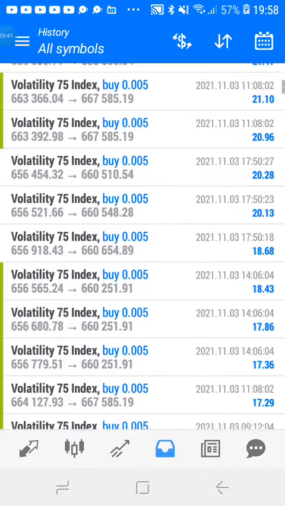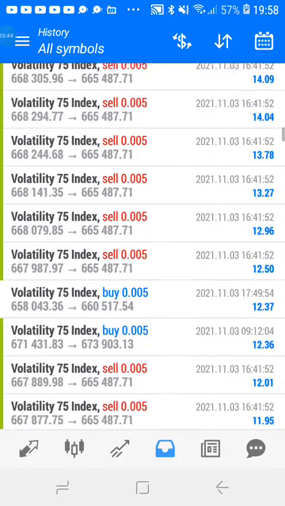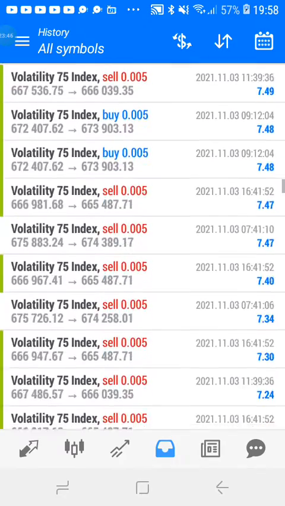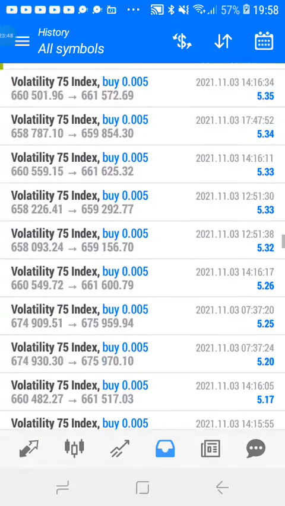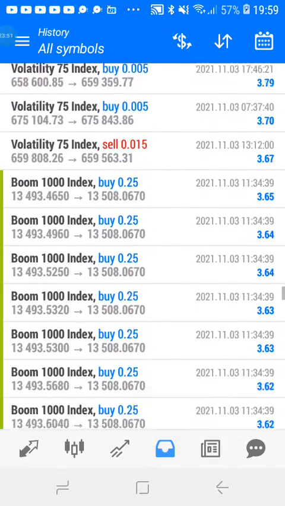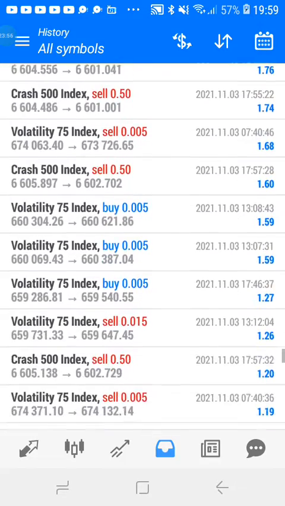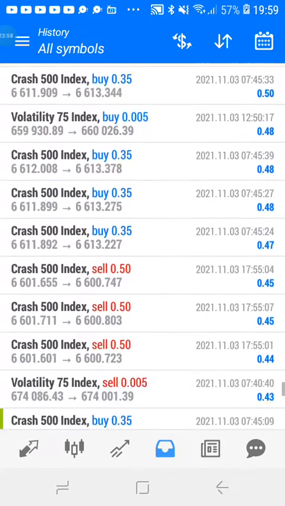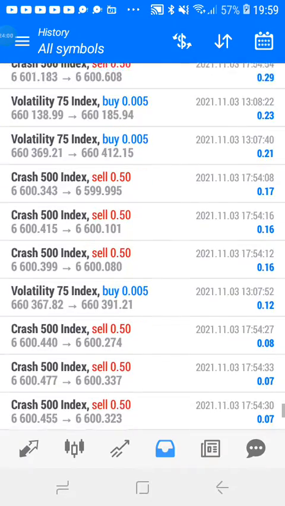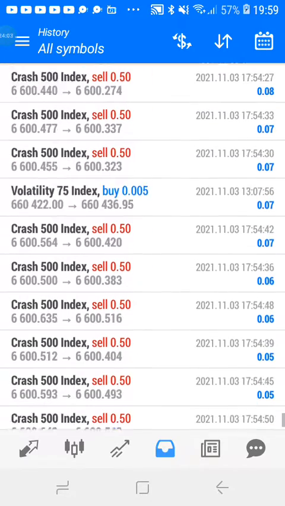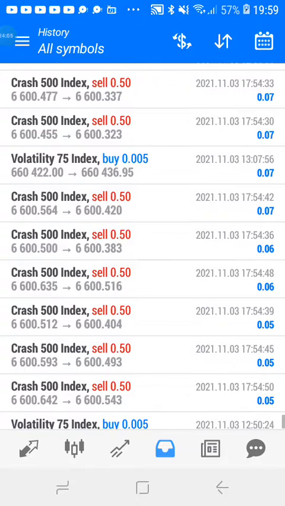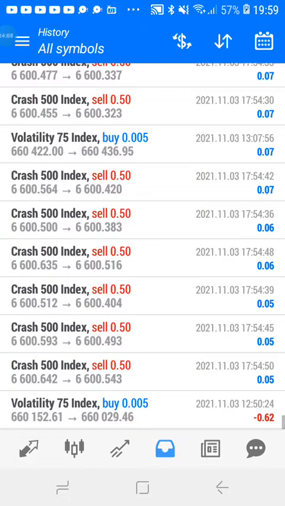As you can see, right now, my history for today, I showed you before that I don't have any losses, and I've been using this strategy the whole day. So guys, I hope maybe one or two of you have understood the strategy. Oh, there is one loss there. That loss, I closed probably when I was closing.